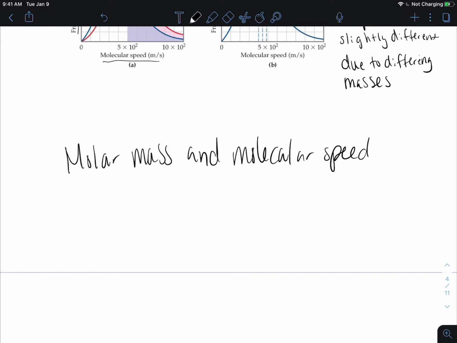Just because we say they all have the same average kinetic energy does not mean that they have the same speed.